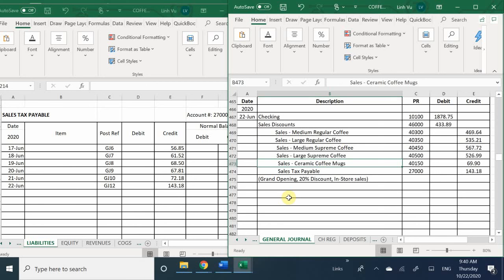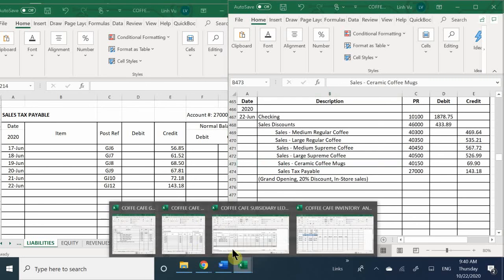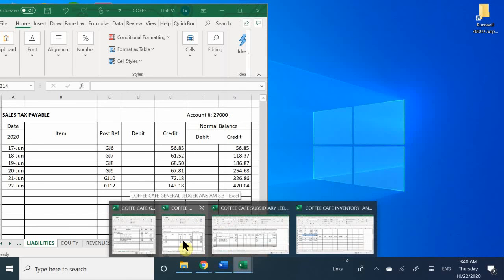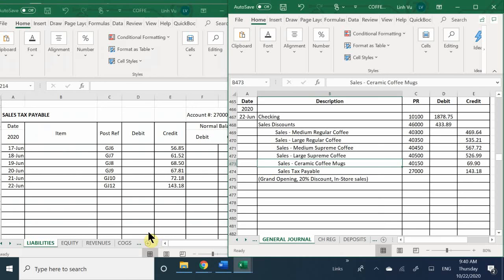It's right next to revenues on the general ledger. Do you want to go to the general ledger or the general journal? You want to go to the journal. What are you going to do in the journal? Go to the COGS. There is no COGS on the journal. Lynette, the COGS is on the general ledger. It's right next to revenues. So do you want to go to the journal or to the ledger?